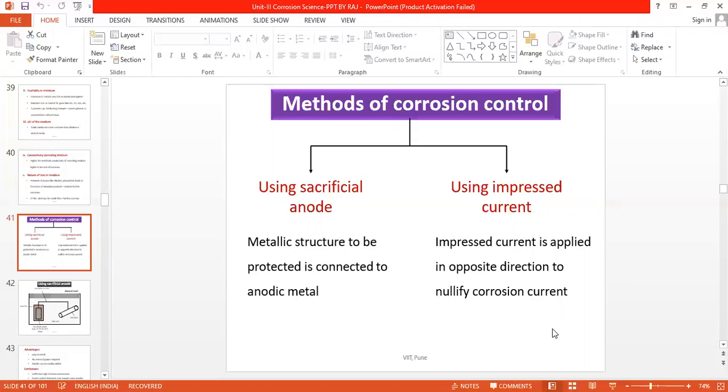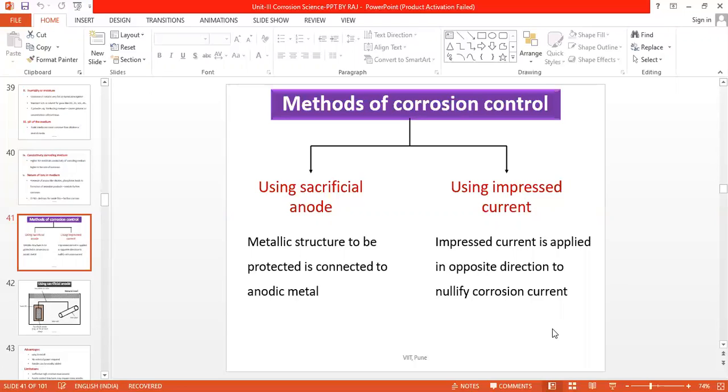So sacrificial anode means we have to couple the more active metal with another metal which is still higher placed in the electrochemical or galvanic series. So at the cost of this sacrificial anode, we can protect the desired metal. And the method is known as sacrificial anode cathodic protection.